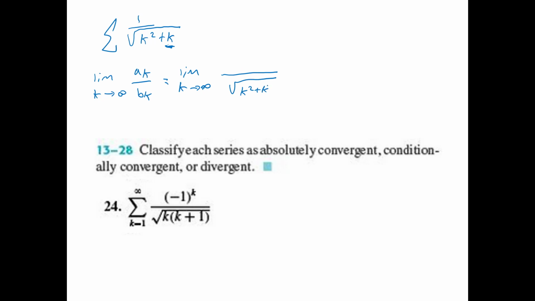Okay, and then multiplied by the reciprocal of b sub k, which is 1 over k. So the reciprocal of b sub k would just give us k over 1. And then this doesn't have a square root, so we can square it and then square root it.